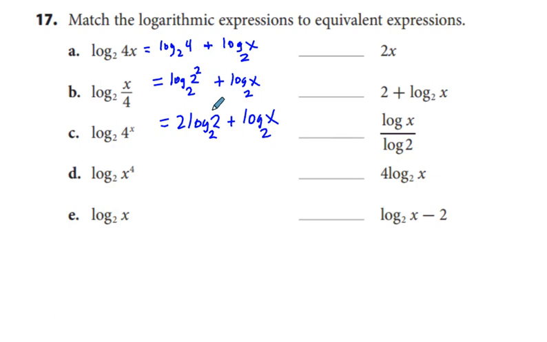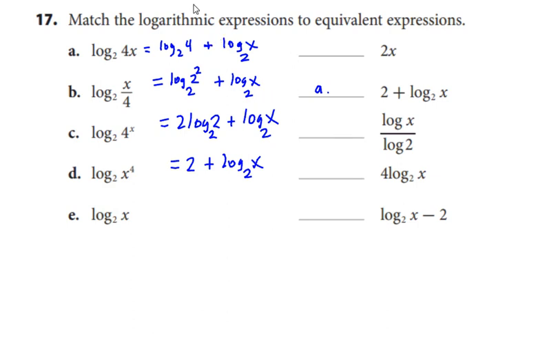And going back to our original identity, log base 2 of 2, what power do we have to raise 2 to equal 2? Well, that's going to be 1. So this log base 2 of 2 is 1. So our answer here is 2 plus log base 2 of x. And so that's going to be this one right here. So that'll be A. I'll just put A right here.